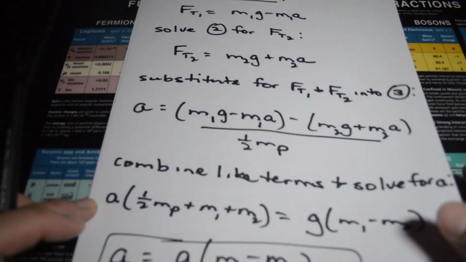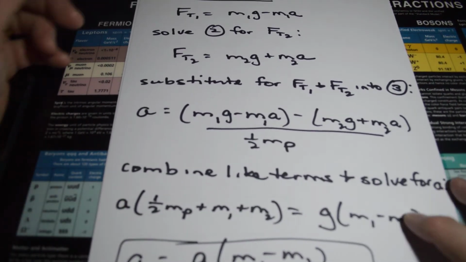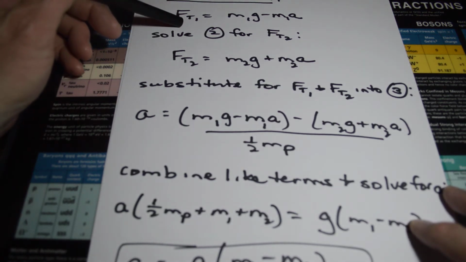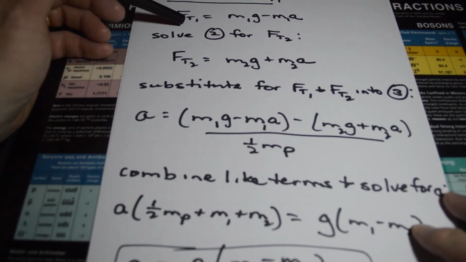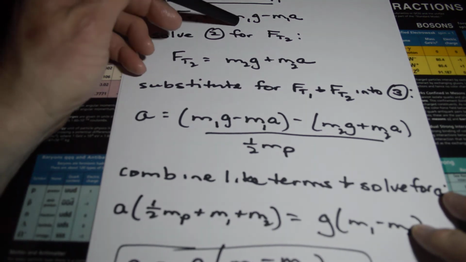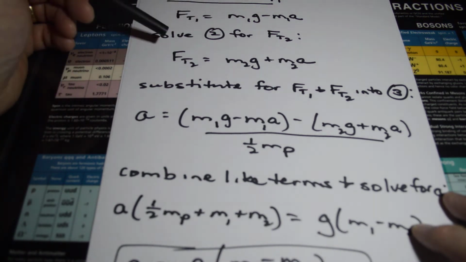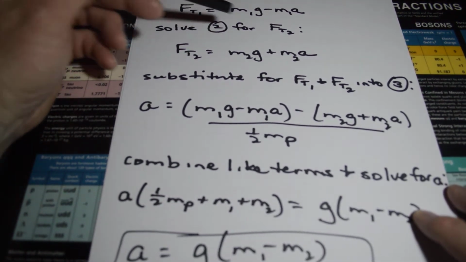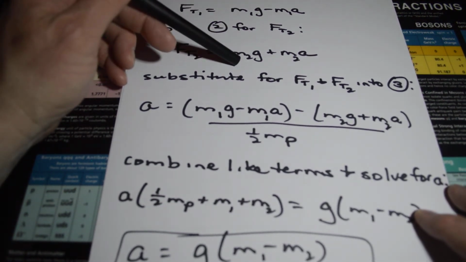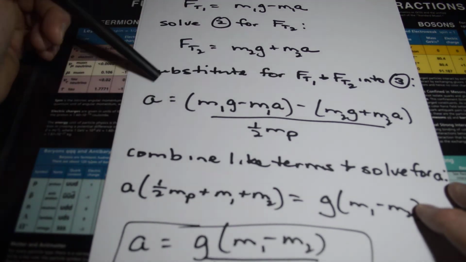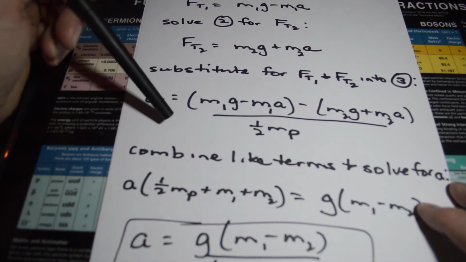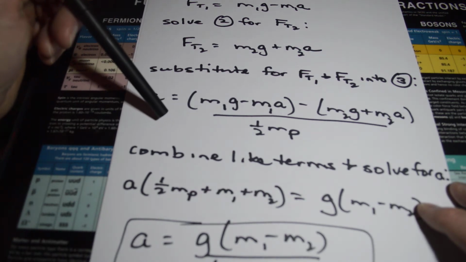Now, I still have a little bit of solution here because I have to solve these 3 equations, 3 unknowns. If I solve the first equation for FT1, I get that. And I would advise you to either pause or do this on your own. I solved equation number 2 for FT2, and then I substituted those into what I got for the third equation.